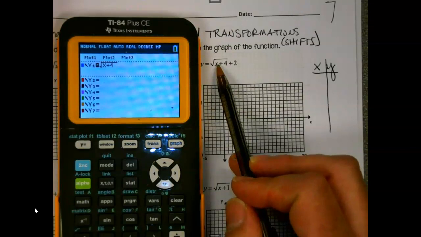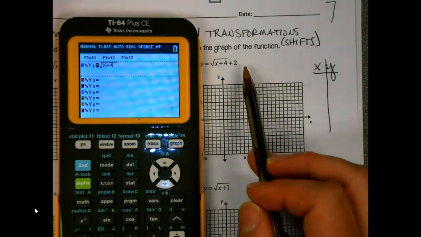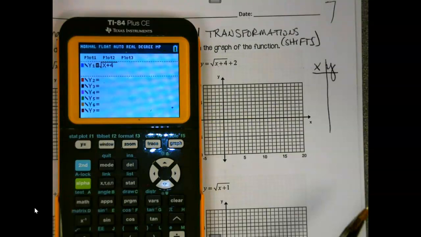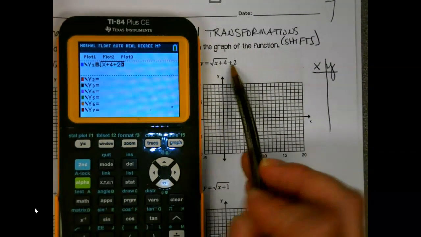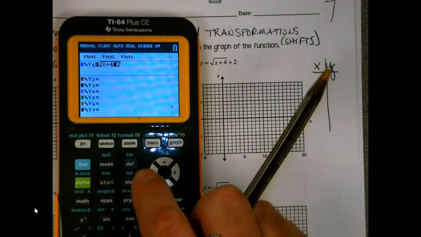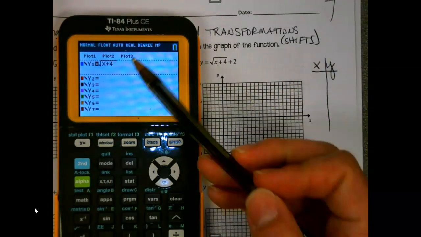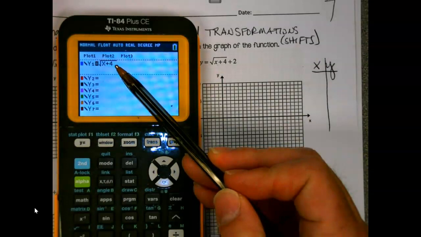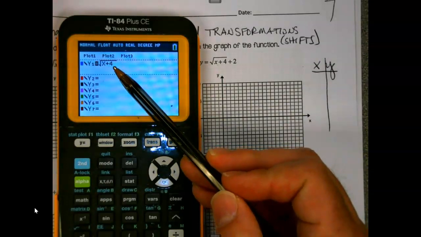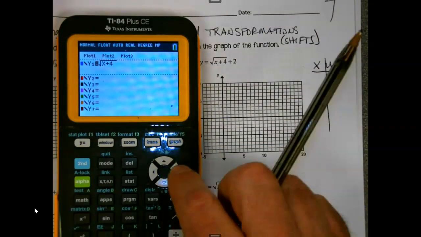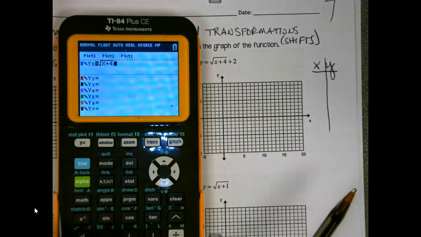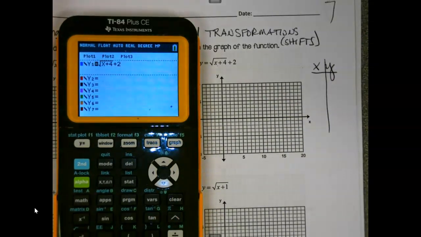We chatted about this yesterday: if I just kept typing right now, the +2 would end up under the radical. I'll even show you +2. Yeah, we don't want that. +2 not under the radical. So to get out of there, you just do what the calculator's telling you, which is arrow to the right, just like that. And then we do +2.